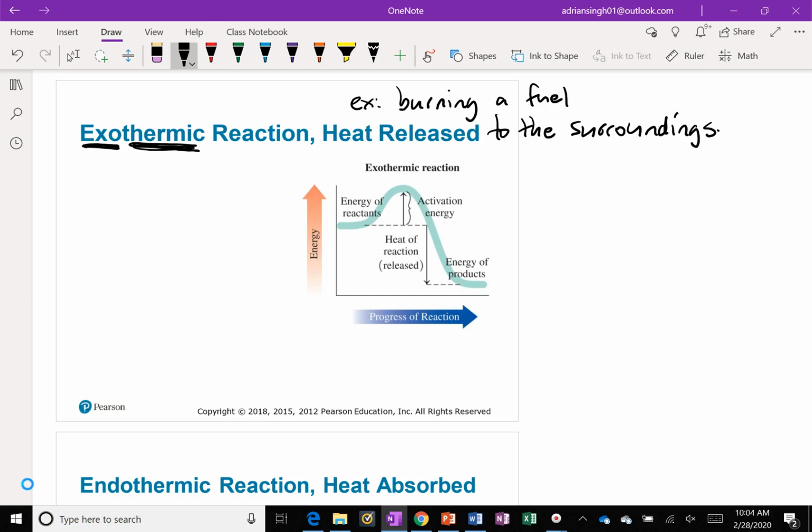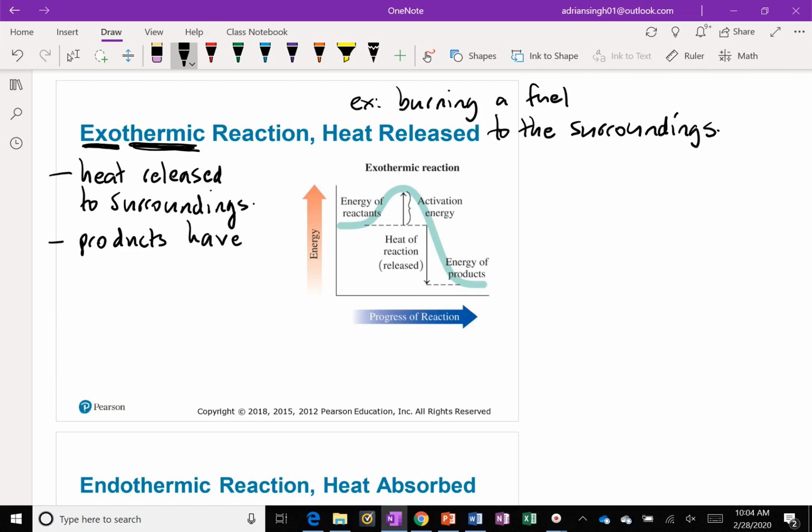So in an exothermic reaction, we can see several things happen. So we know that heat is going to be released to the surroundings. And what that means then is that the products, whatever those products are, are going to have lower energy than the reactants.